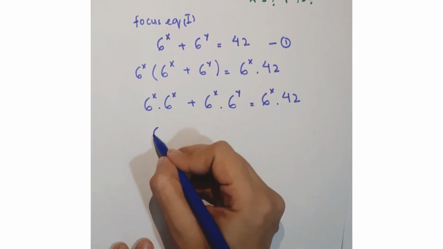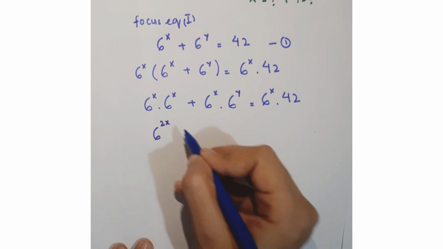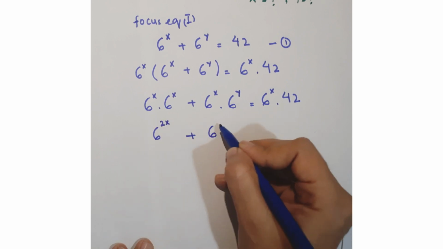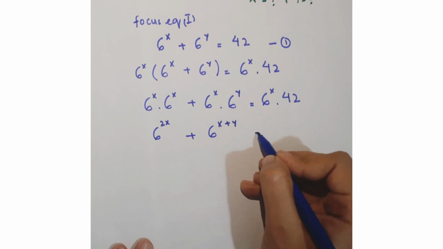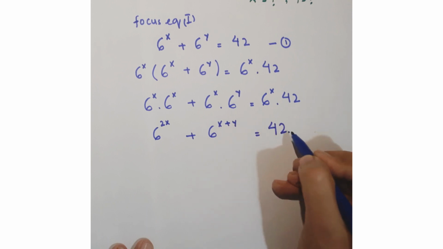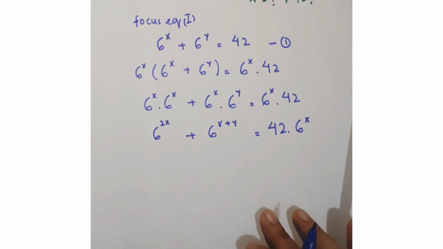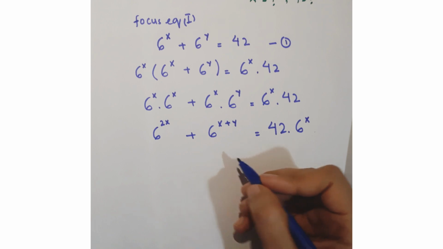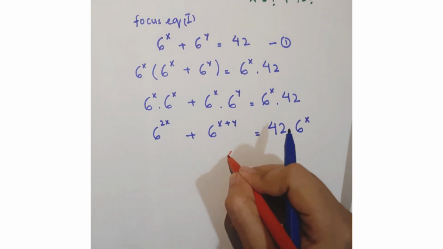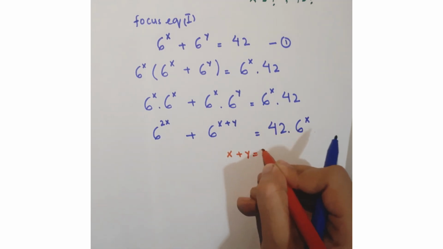Further, you can simplify it as 6 to the power 2x plus 6 to the power x plus y is equal to 42 multiplied with 6 to the power x. Now, as you know, according to equation number 2, x plus y is equal to 3.